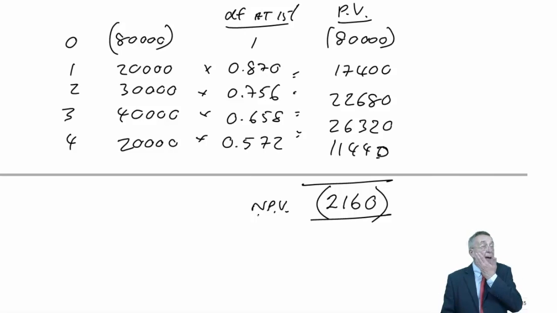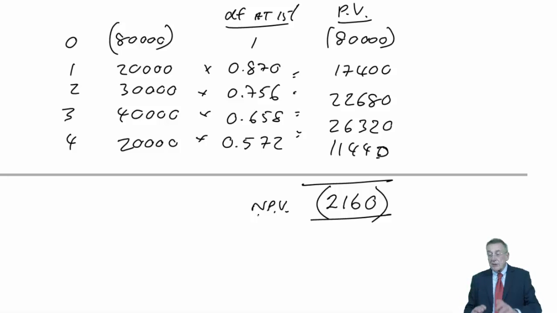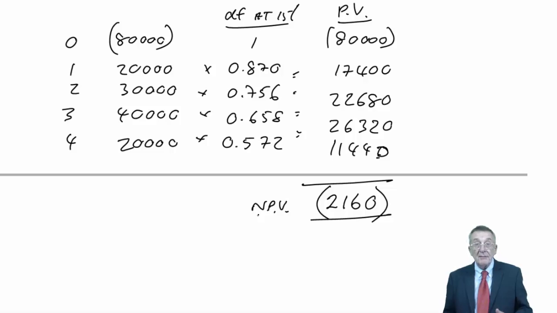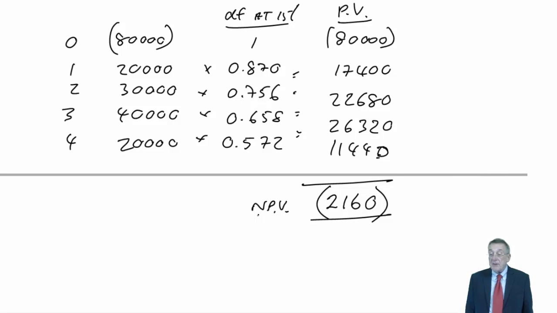So, as I expected, with higher cost of money, there's a lower net present value, and in fact it's gone negative. Had the interest been 15%, we would have rejected.